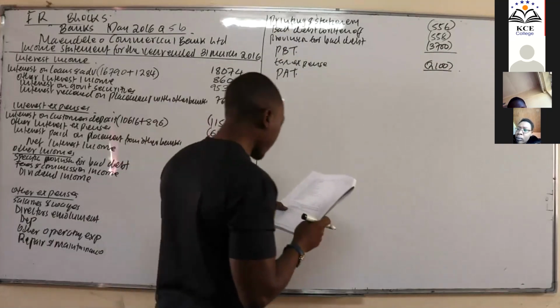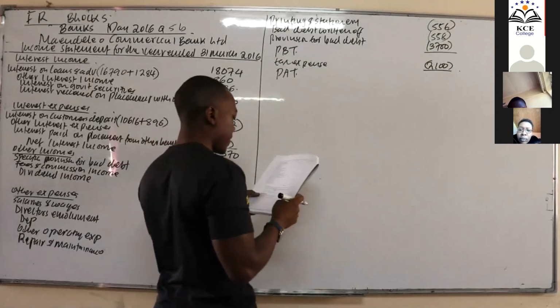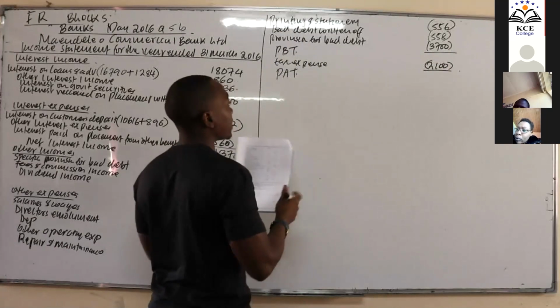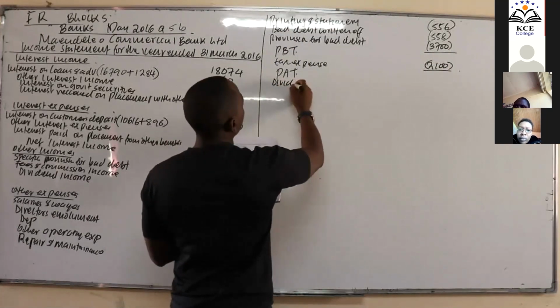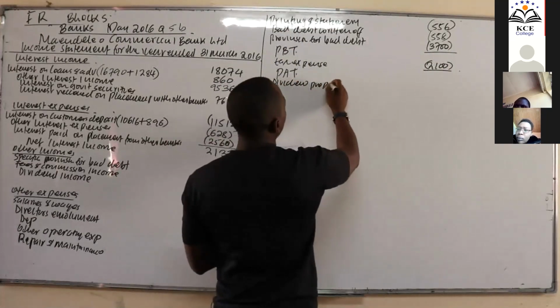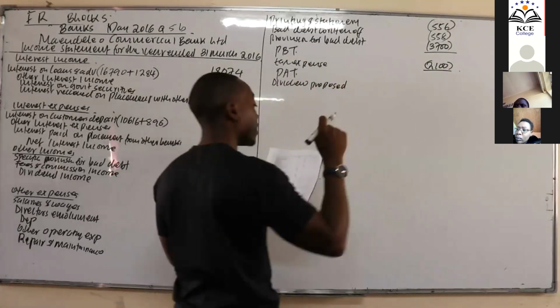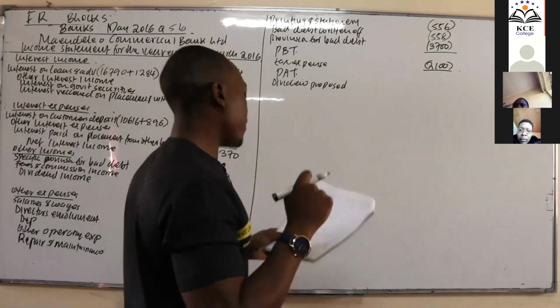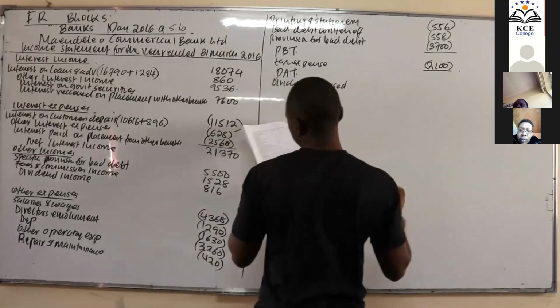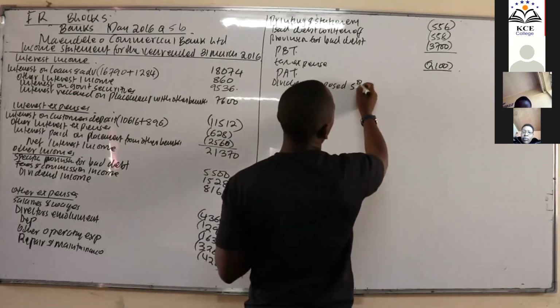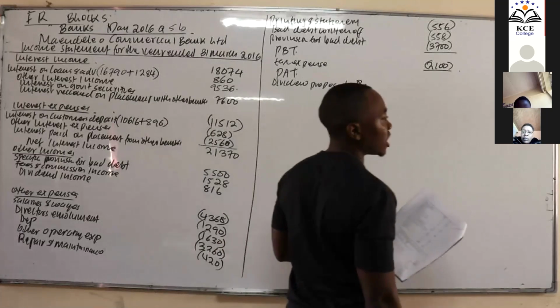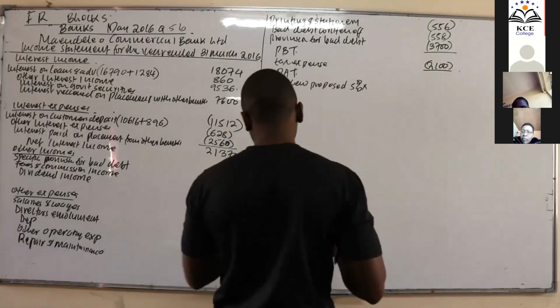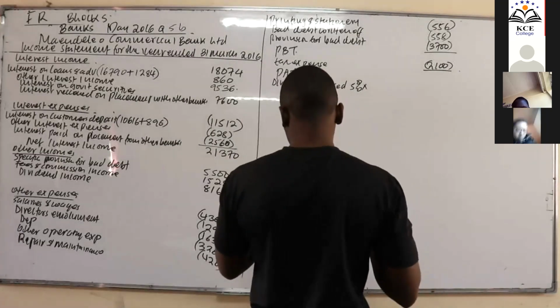Then from there, directors have proposed a final dividend at the rate of 5%. So dividend proposed. In most cases, they usually take either 5% of the profit or 5% of the share capital. In this case, they never specified, so let's take 5% of the ordinary share capital. So you assume it was per share. And how much was the ordinary share capital?